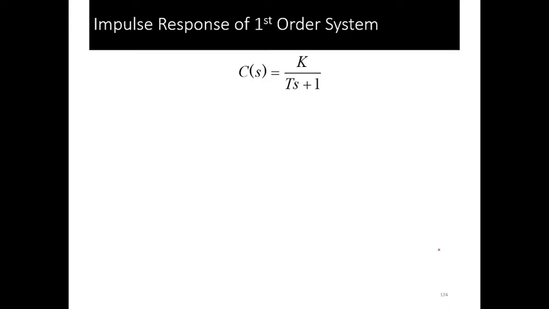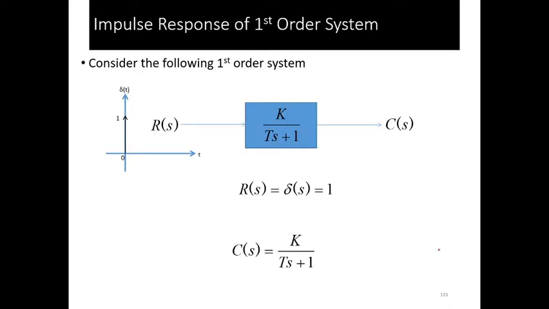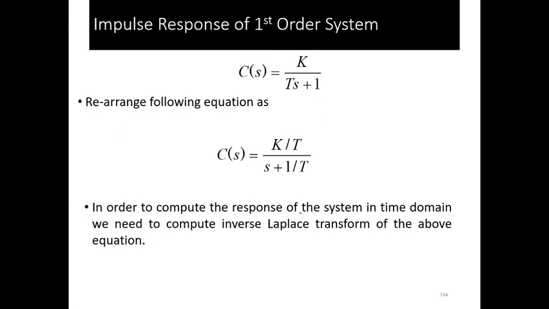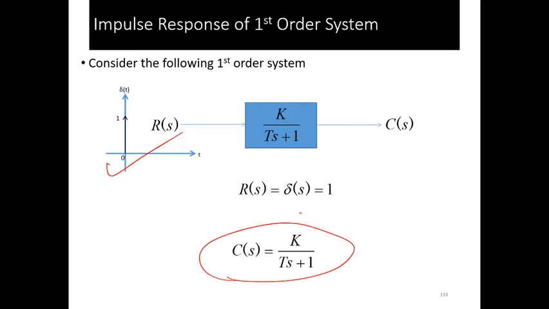Now come to the next case: when you apply the impulse signal, how will the response change? For the first order system, C(s)/R(s) = K/(τs+1), and R(s) is here 1.